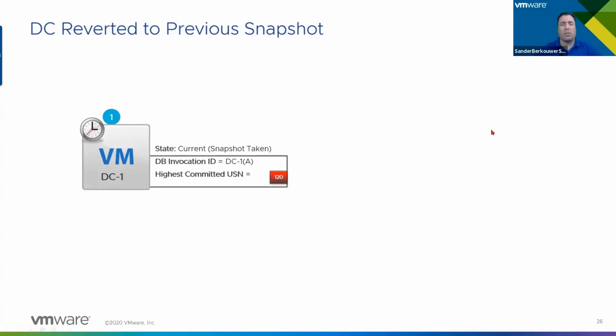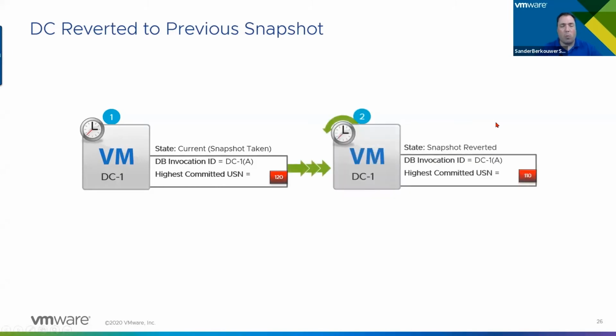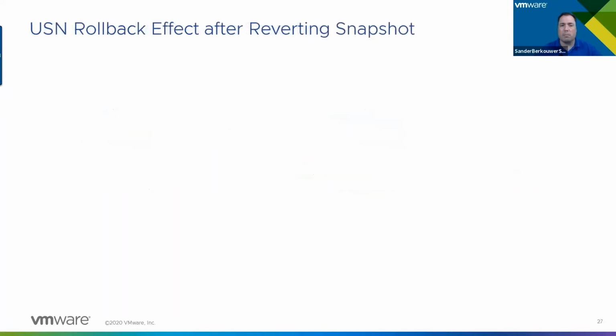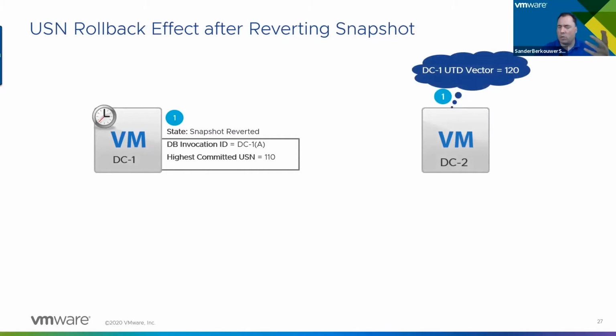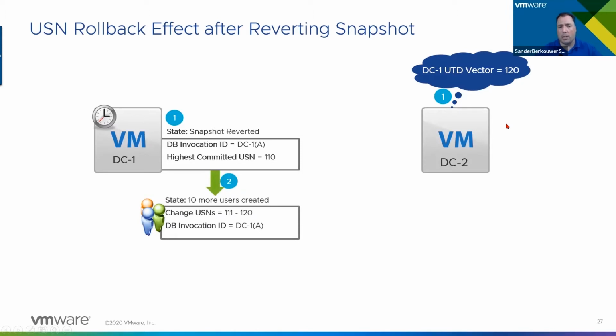So now what we're seeing is that the USN was 120. We now set it back to 110. And as we replicate that 110 and we create some other users, DC2 still knows it's 120, or should be 120.